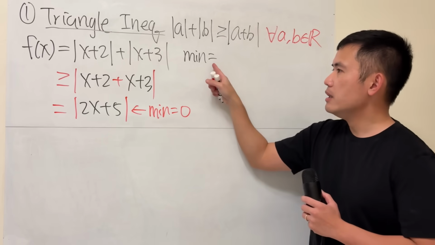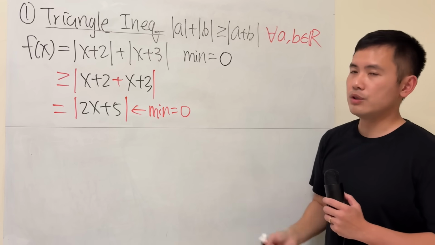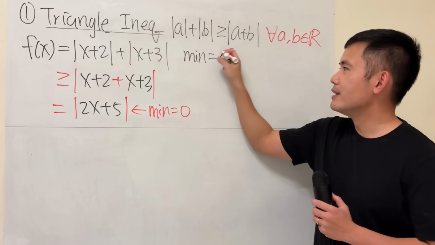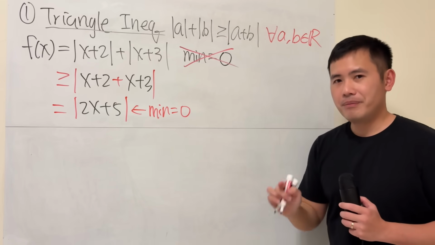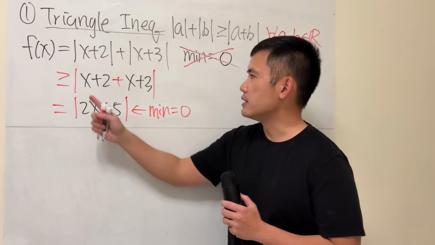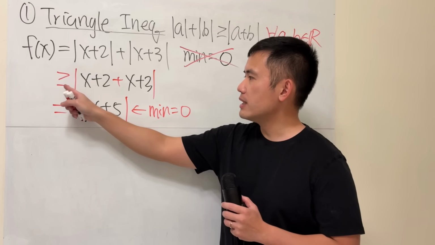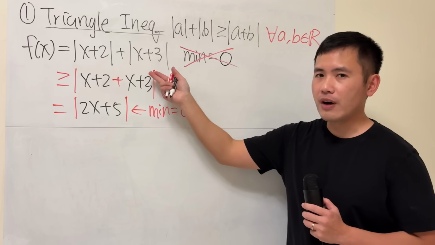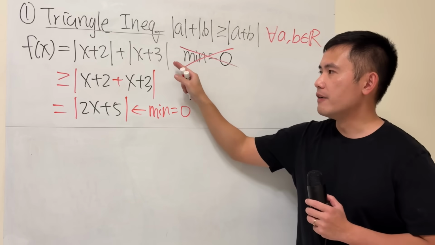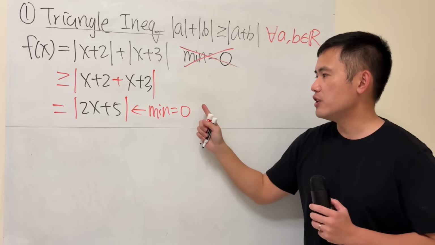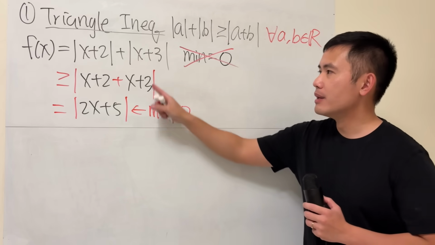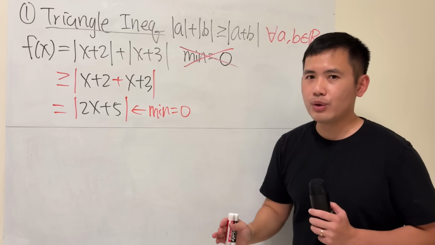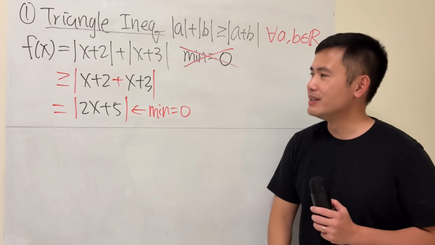So does that mean the answer for this question is just equal to 0? Well, it's not correct. Because so far what we have shown is that this function is greater than or equal to 0. But if you want to say the minimum value of a function, we have to make sure the function can actually achieve that value. This is always greater than 0, but it can never be equal to 0.